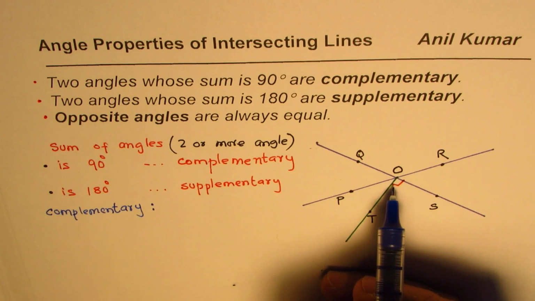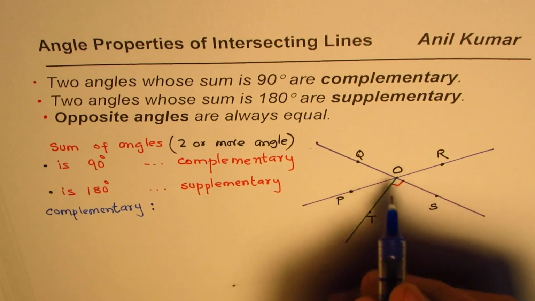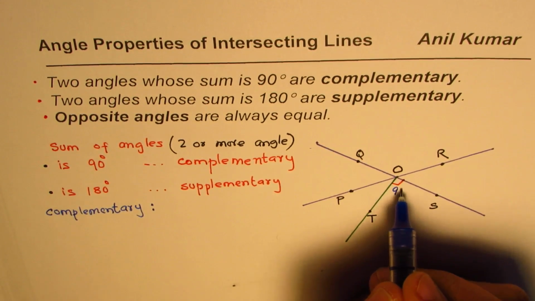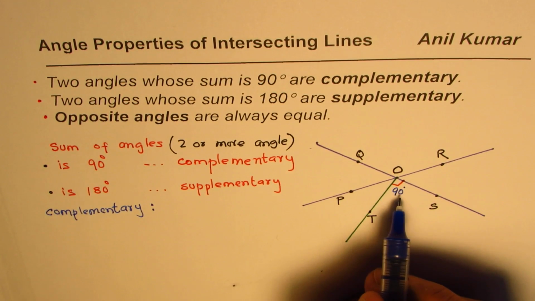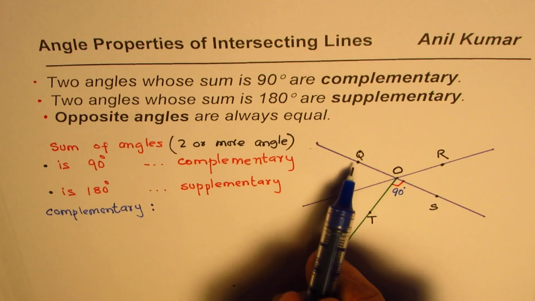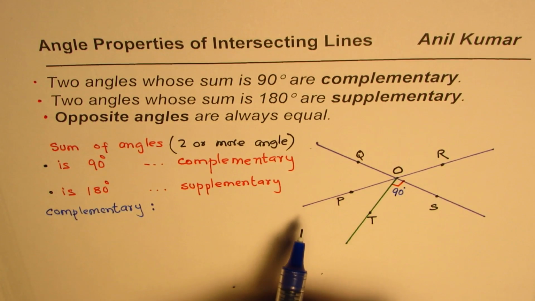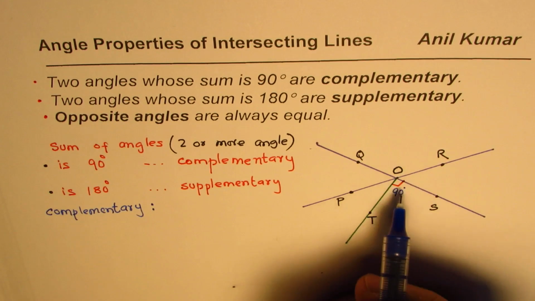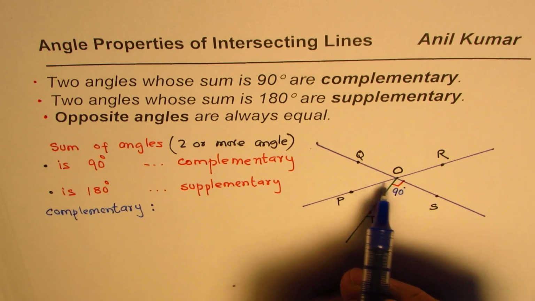Now here we have this symbol, it represents 90 degrees. So that clearly represents 90 degrees. It is never written also. It is understood that this means 90 degrees. Now a straight line will be 180 degrees. So if one part of it is 90, the other part has to be 90, right?